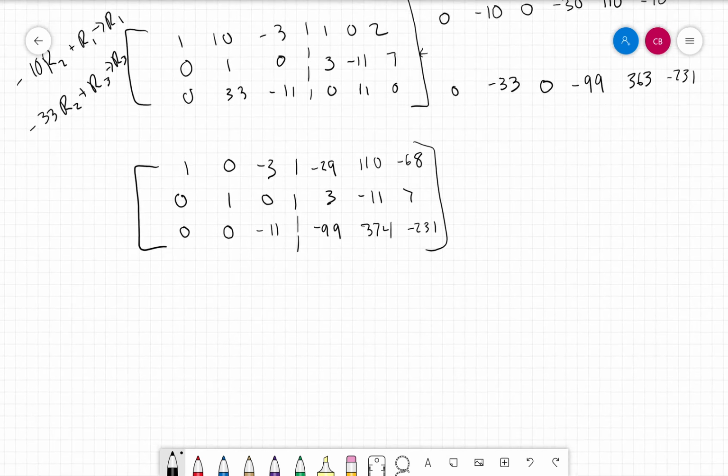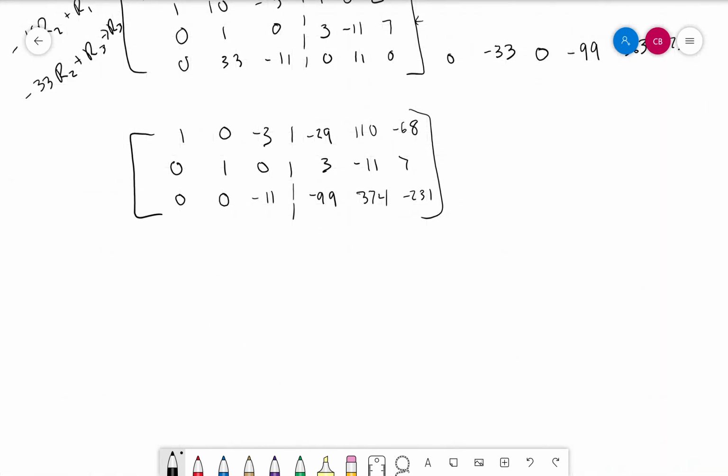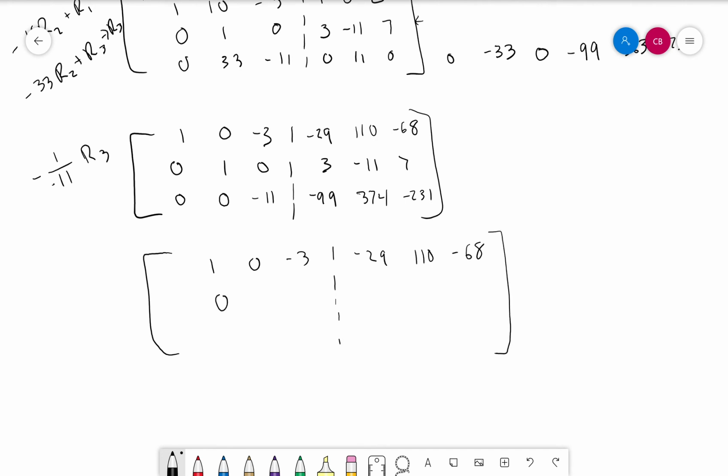Now, I'm willing to bet the bottom one is all multiples of 11. Negative 11, 111 times row 3. 1, 0, negative 3. 9, 110. 0, 1, 0, 3, negative 11, 7. Alright, here we go. 0, 0, 1.